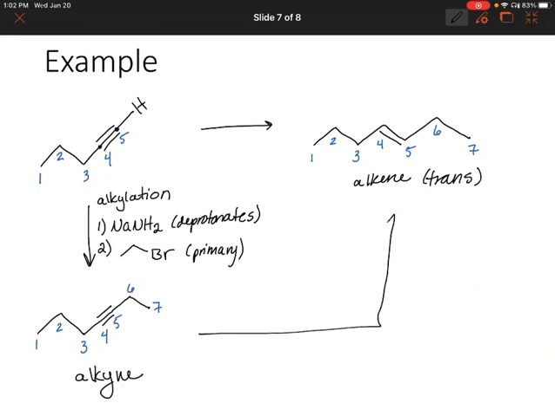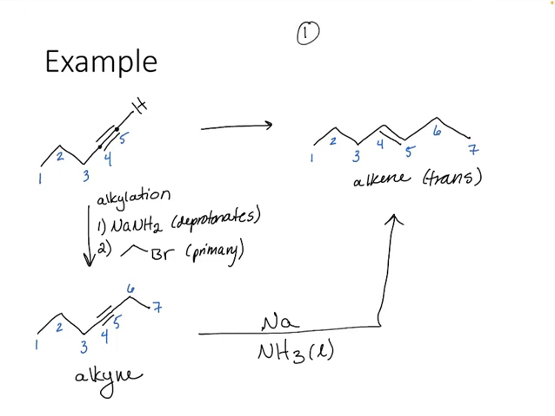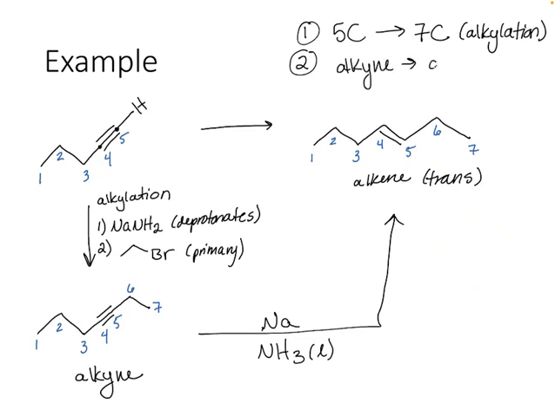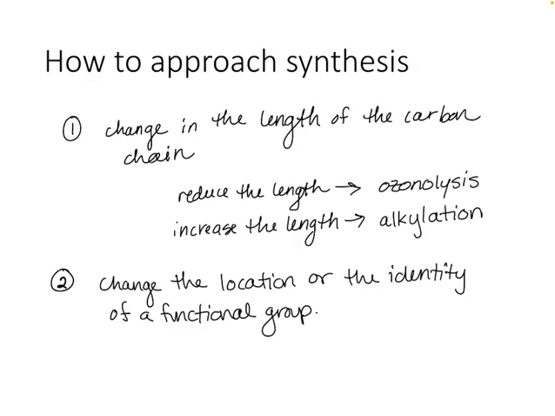Okay, so that means I need to use dissolving metal reduction to get a trans alkene from an alkyne. So again, here in step 1, we went from 5 carbons to 7 carbons through alkylation. And then in step 2, we went from an alkyne to an alkene. So that's just following the steps that we went through on the last slide, how to approach synthesis.